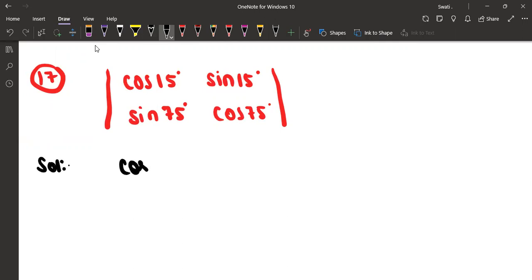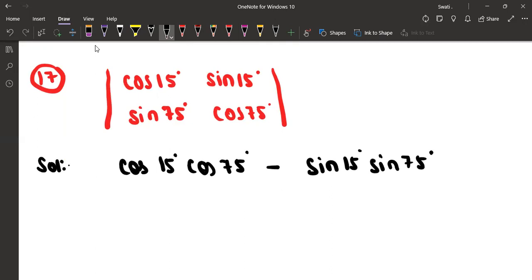So this is going to be cos 15 degree, cos 75 degree, minus sine 15 degree, sine 75 degree, right? Okay.